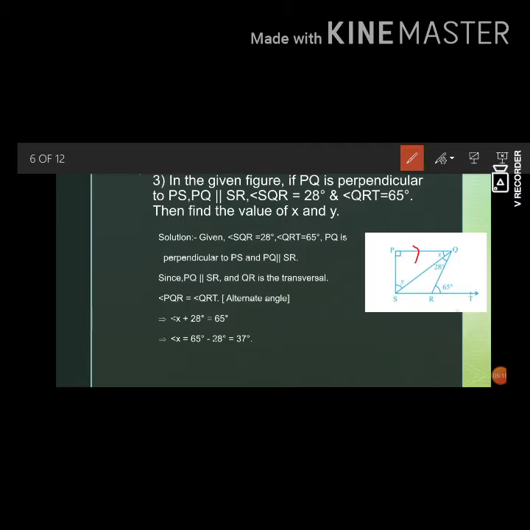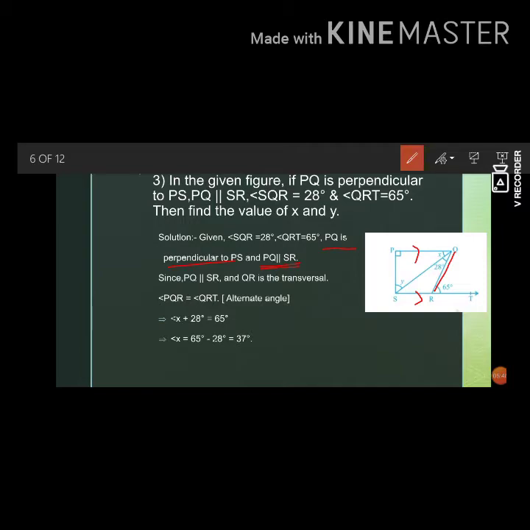We need to find the values of X and Y. Now, in the given question, it is already said that PQ is perpendicular to PS, and PQ is parallel to SR. So now we will consider PQ parallel to SR and QR is the transversal. So this line is the transversal.